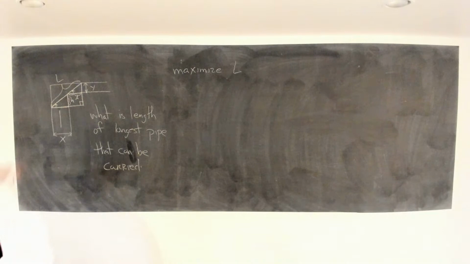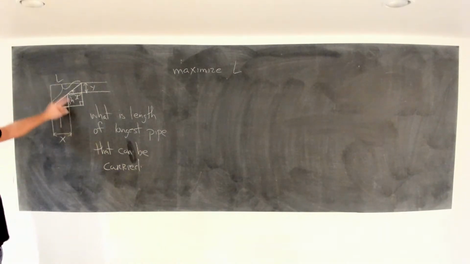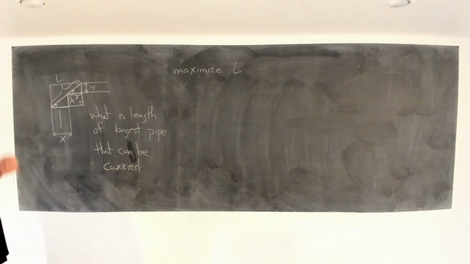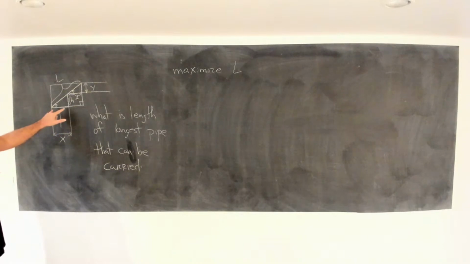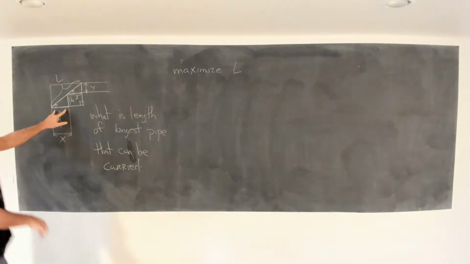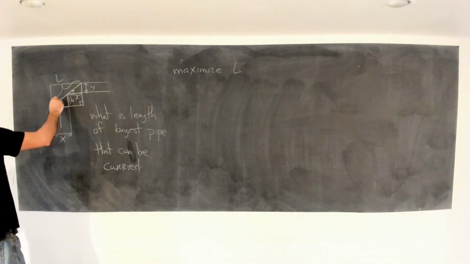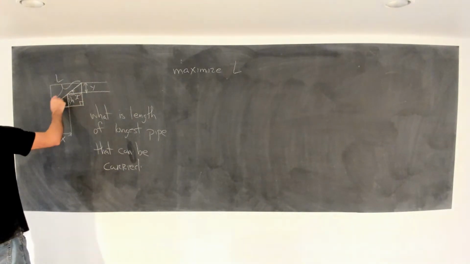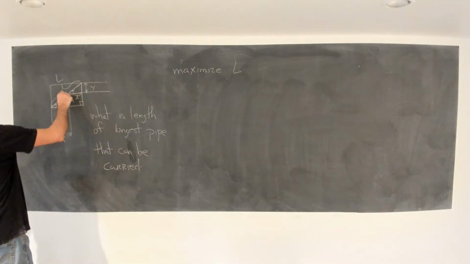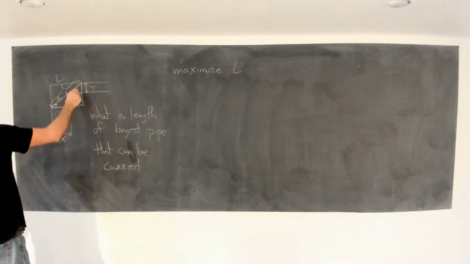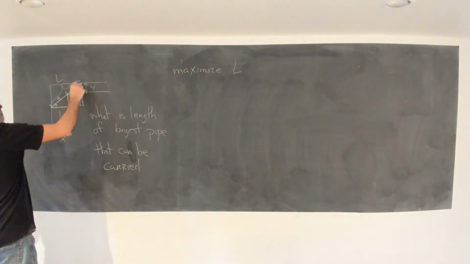We can express L in terms of H and L here, right? Let's call this diagonal D1 and this diagonal D2.